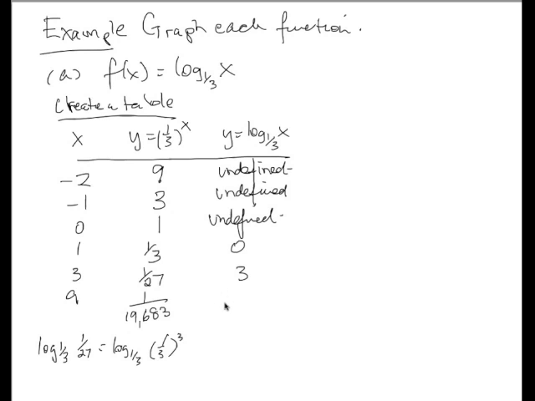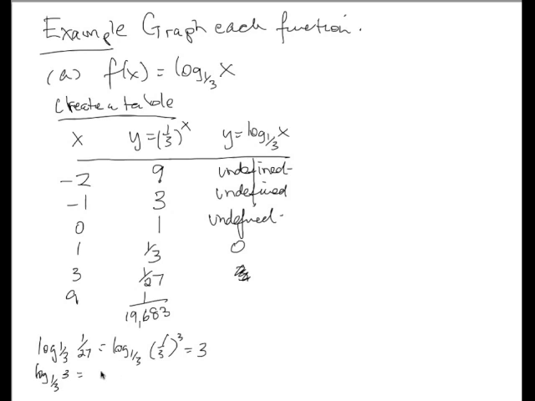And so if I look at 9, sorry, I did that one wrong. What I'm looking at here, of course, would be 3, but what I'm looking for is the log in base 1/3 of 3.